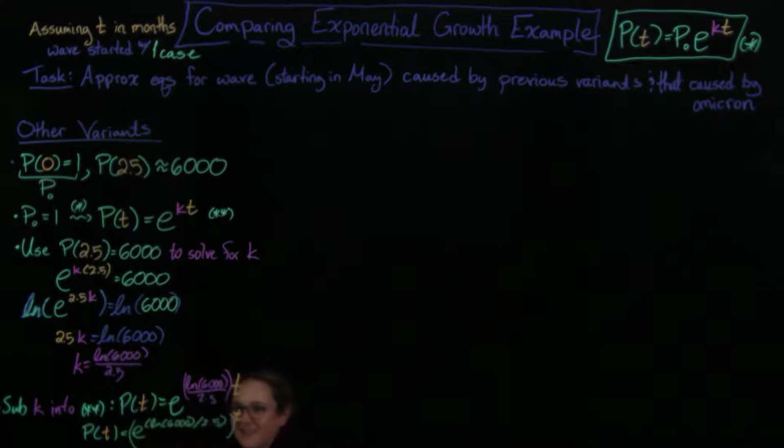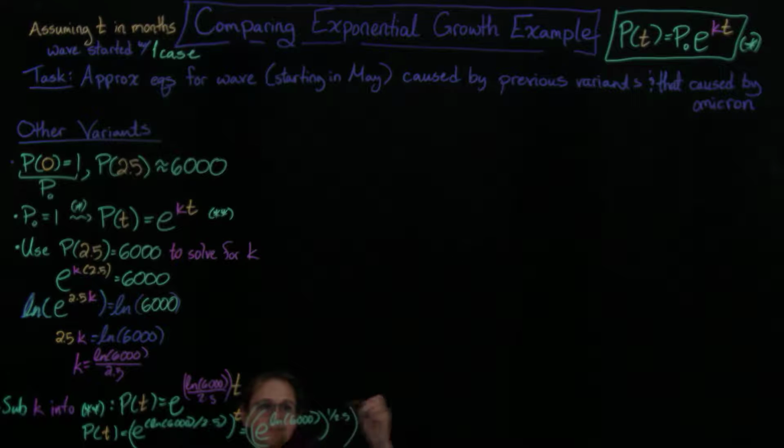But then I'm going to have to keep rewriting here, because what I can actually do is break this one apart also. So this is going to equal e to the ln of 6,000, the natural log of 6,000, which I can take to the 1 over 2.5, and then all of that can go to the t, right?